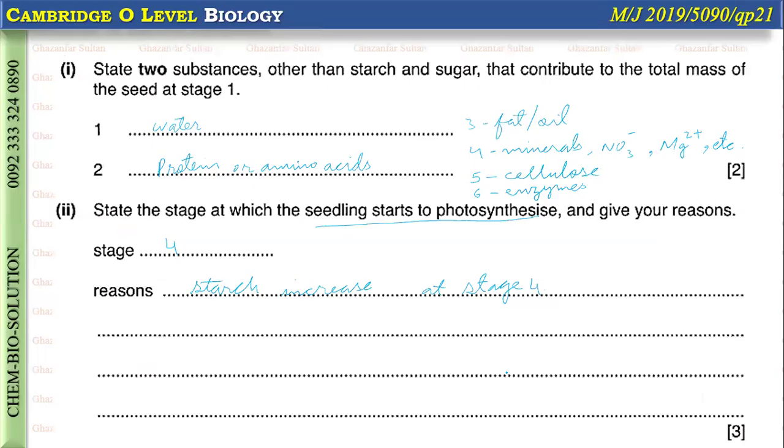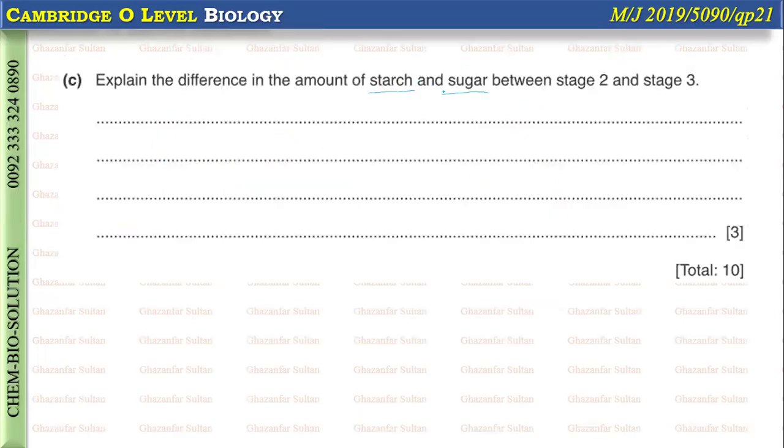So what is the reason? Starch decreases while sugar increases from stage 2 to stage 3.